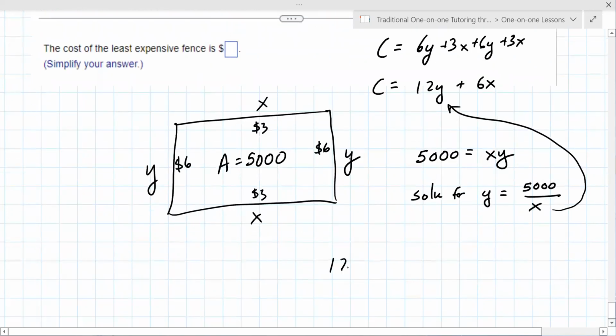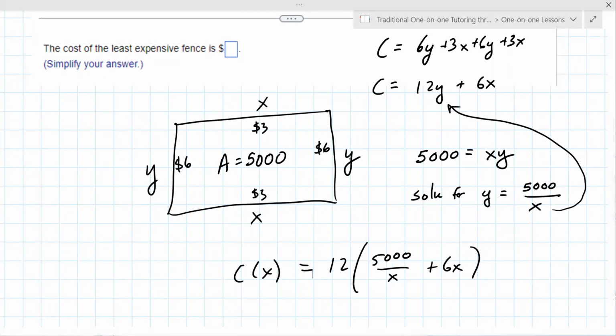So it's 12 times parentheses 5,000 over x plus 6x. This is your cost function, and this is what we can just graph. Now, normally you would take a derivative, set it equal to 0, but this will give us the answer we're looking for by graphing it. Okay. And then because it says here, I guess they're sort of hinting at the answer. Oh boy.